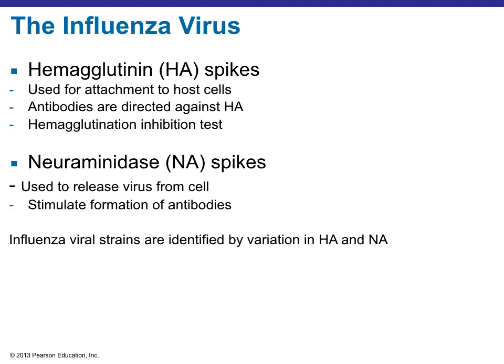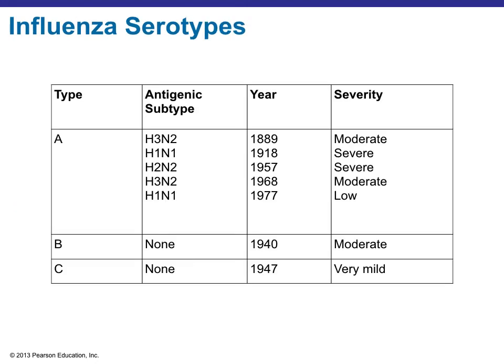So the different strains of flu virus or influenza virus are identified by the variation in the hemagglutinin and the neuraminidase types. Here you see, for example, different influenza serotypes. We've got influenza type A, type B, and type C, all of which infect humans. Then you can see the antigenic subtype.